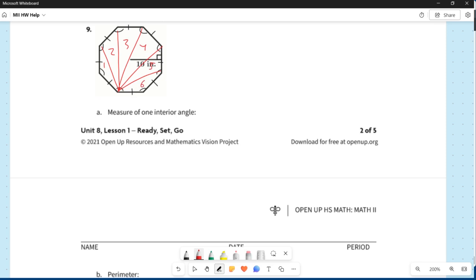Every single one of those triangles has interior angles that sum to 180. So if I want the total interior angles for the entire octagon, we have 6 triangles, and each triangle has a sum of 180 degrees for its interior angles.